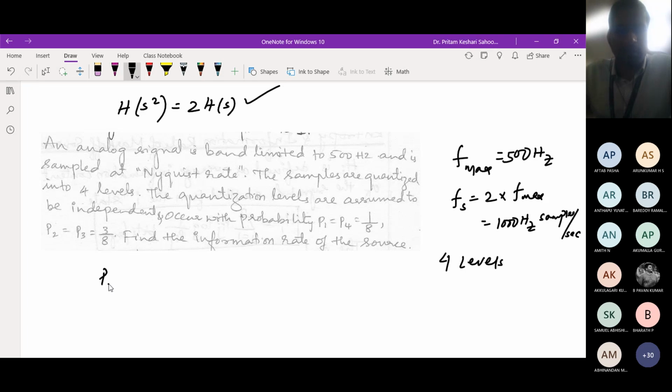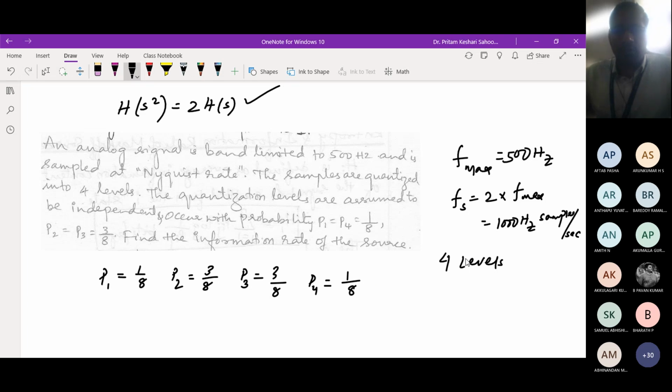So P1 is equal to 1 by 8, P2 is equal to 3 by 8, P3 is equal to 3 by 8, and P4 is equal to 1 by 8.